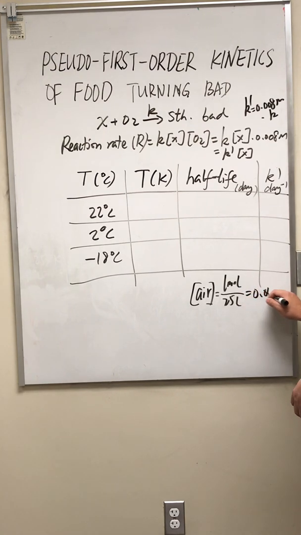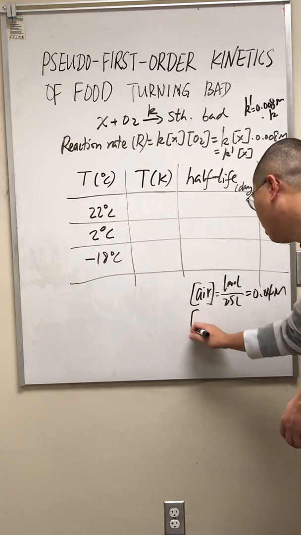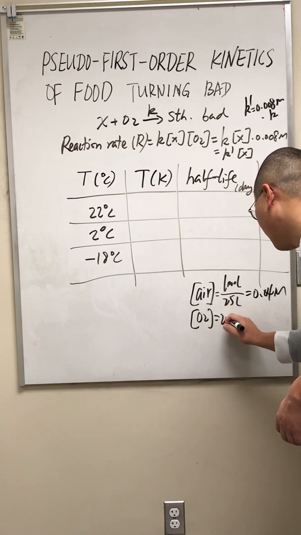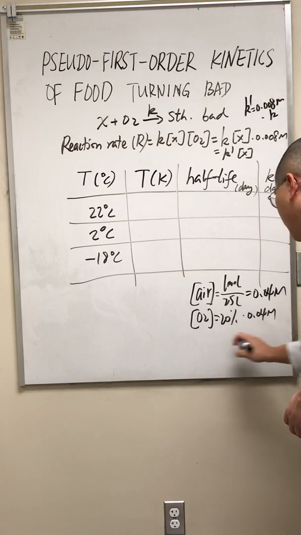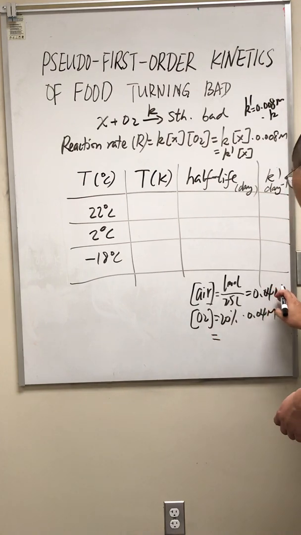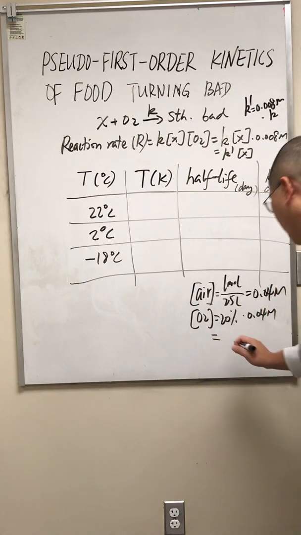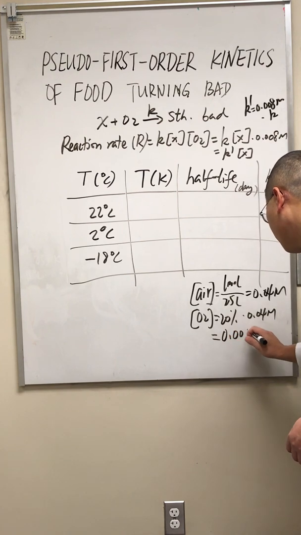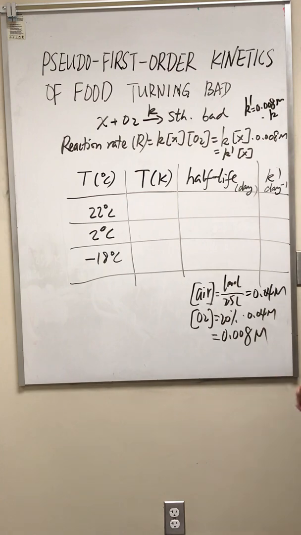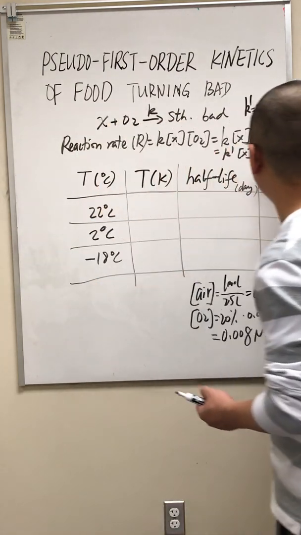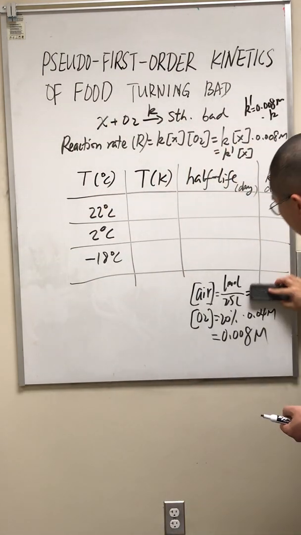It is 0.04 molar. The concentration of O2 is 20% of that. The concentration of nitrogen is 80% of the concentration of air, but anyway, we're just talking about O2. Nitrogen is inert. Okay, so we got this number. That's why we got this 0.008 molar for O2.